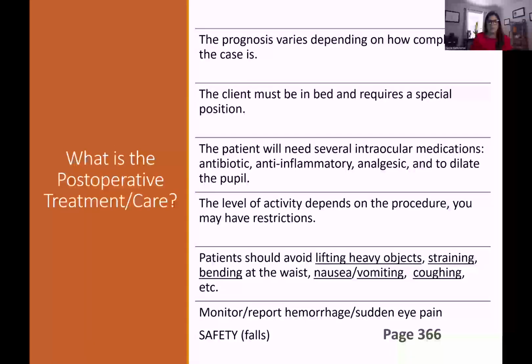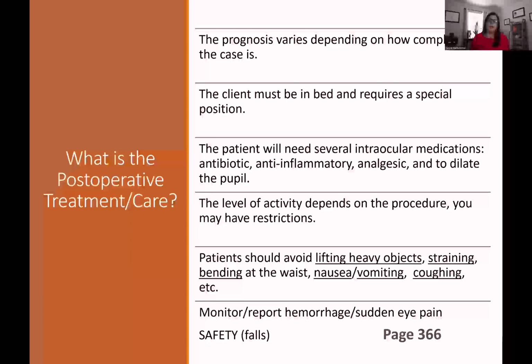You will get several medications, like eye drops: antibiotics, anti-inflammatories, steroids, analgesics, and dilation of the pupil. You will have restrictions on the activities you can do, for example, all those that increase intraocular pressure.